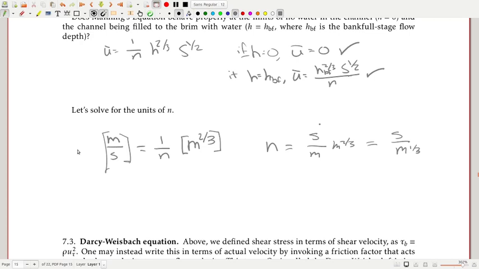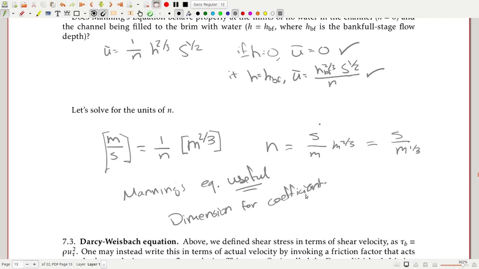And so just the last thing I'll leave you with is that Manning's equation is useful and it's widely used, but dimensions exist for the coefficient, and the physical meaning is a little bit unclear.